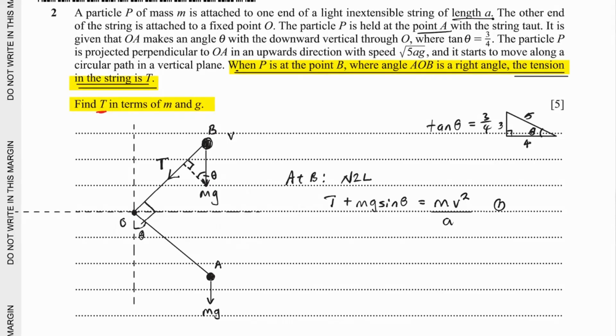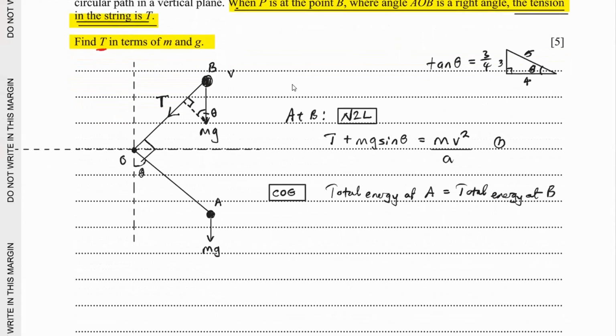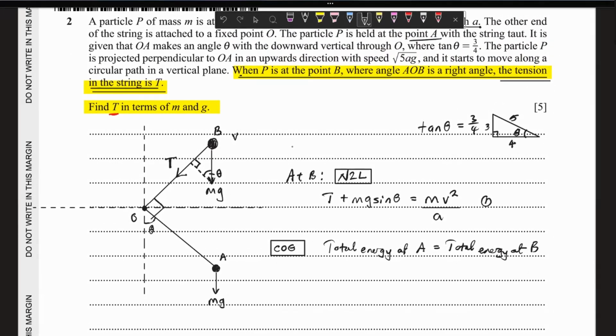We're also going to consider the principle of conservation of energy. Here we applied Newton's second law, but for the conservation of energy, we're going to say the total energy at A is equal to the total energy at B. All right. Now for the total energy at A, we've been told that the speed is root 5ag.